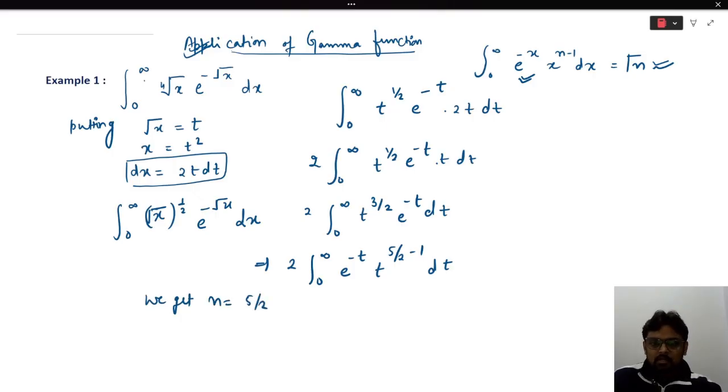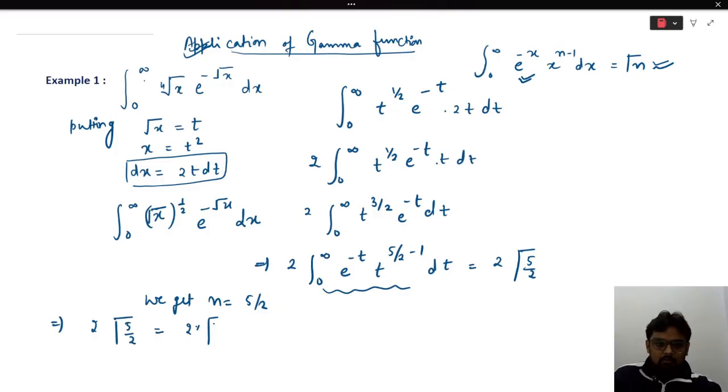So this value is nothing but 2 times gamma 5 by 2. Now using some properties of gamma, 2 times gamma 5 by 2, which we rewrite as 2 times 3 by 2 gamma 3 by 2. Gamma n plus 1 is gamma n into n.